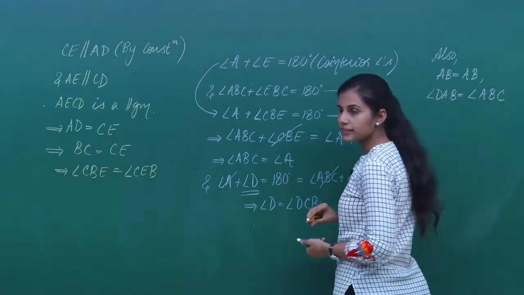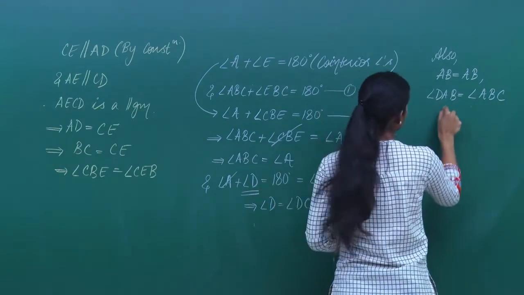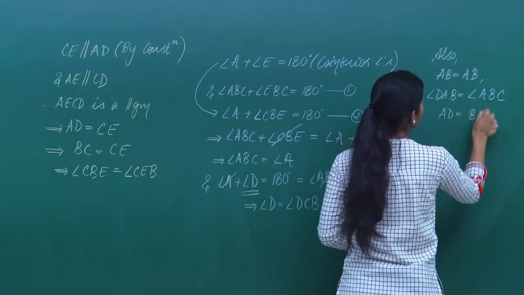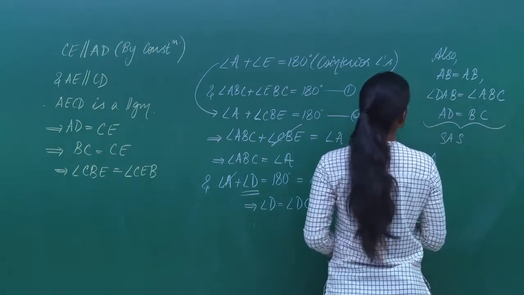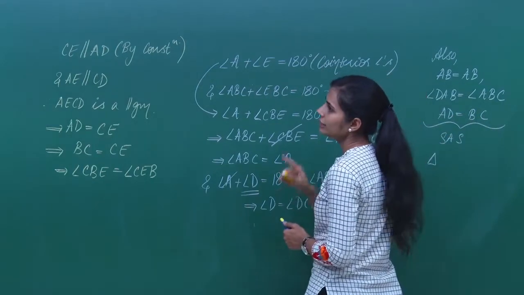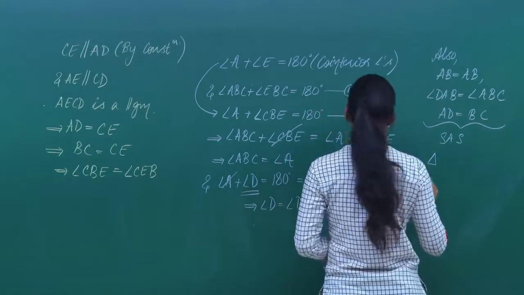We have proved that angle at A is the same as angle at B, and AD is the same as BC. This is given to me. Therefore, by SAS Congruence Rule, triangle ABC is congruent to BAD.